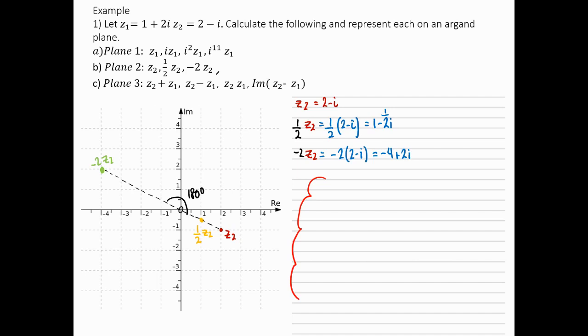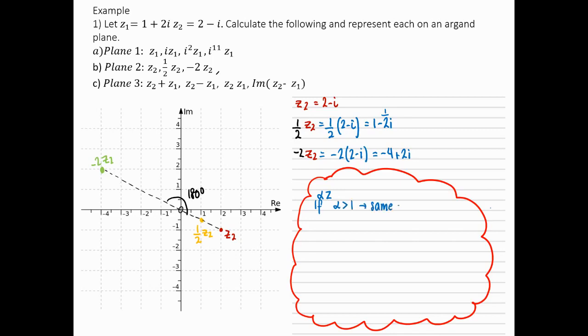Now notice the distance of each of these points from the origin. If we have a constant and we multiply it by z, if that constant is greater than 1, then your new complex number will be in the same direction as z2, but its distance from the origin will be larger.